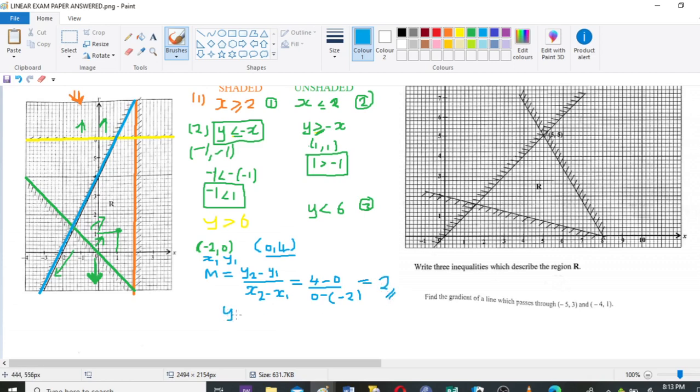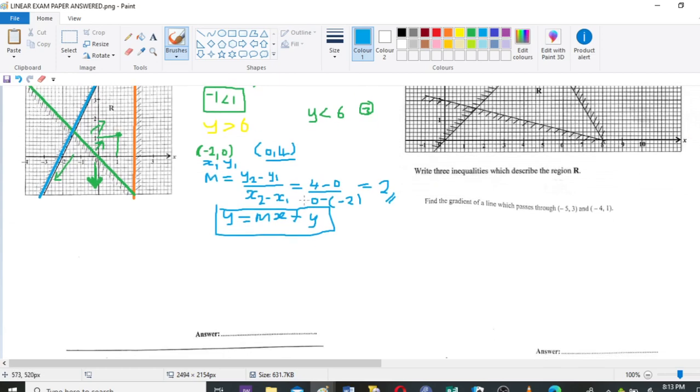Now we can apply the standard equation for linear equations, so that we can calculate the value of the constant, which is c. So the equation is y is equal to mx plus c, which is here, right? Applying this, we can choose any pair.